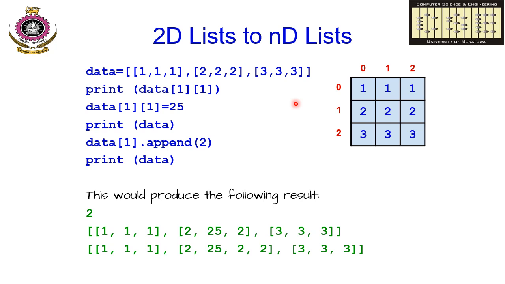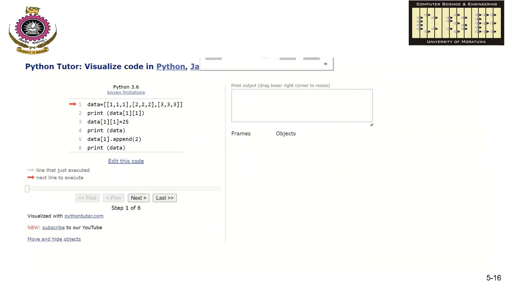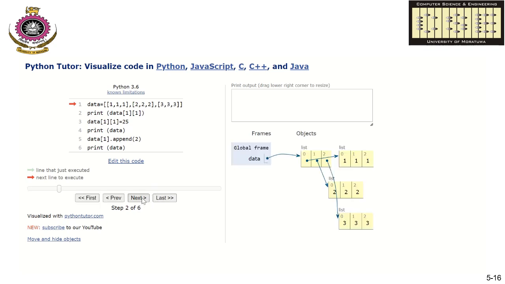We will look at this example in Python Tutor as well. Here's the previous example in Python Tutor. We have the data, which has three different lists inside it. Data is also a list, and inside that list we have three different lists. We will go step by step. I hit next.